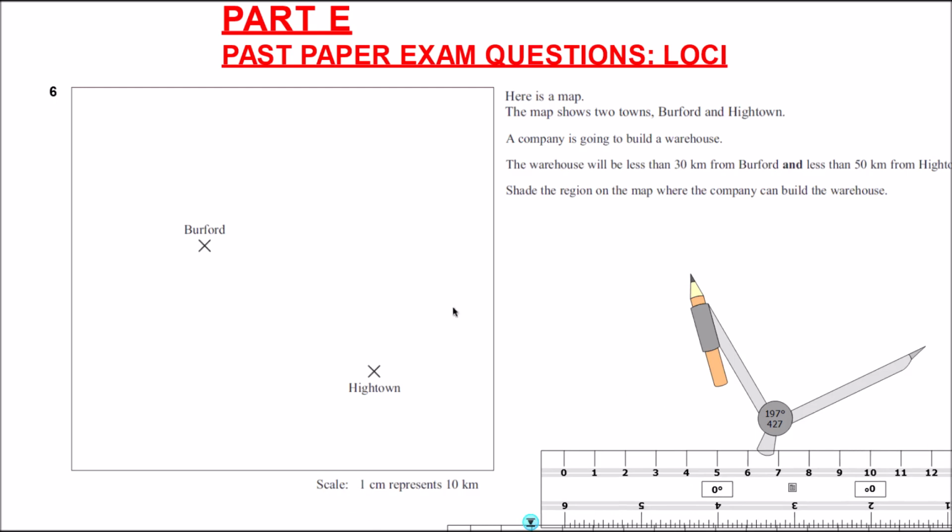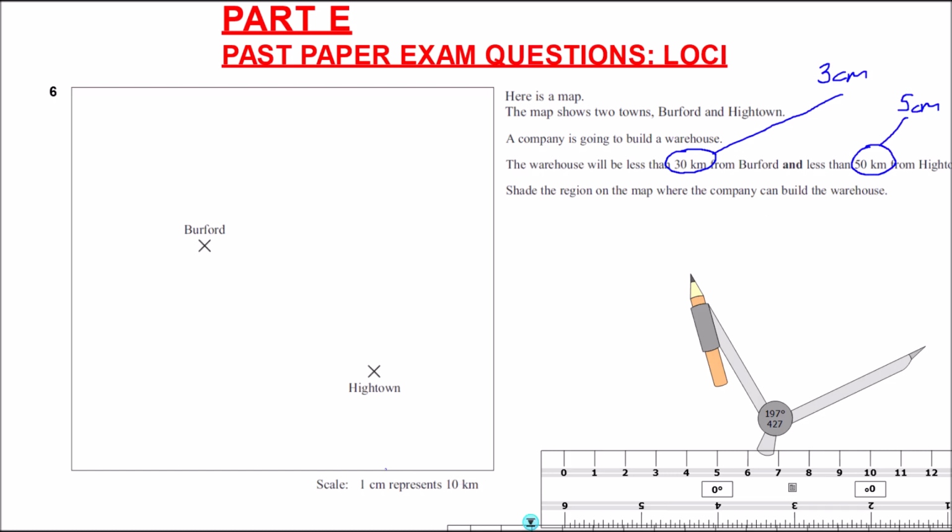Using this scale at the bottom, we can convert these real life distances to distances we can actually work with. So 30 kilometres, in our case, means 3 centimetres, and 50 kilometres means 5 centimetres, because each 1 centimetre represents 10 kilometres.